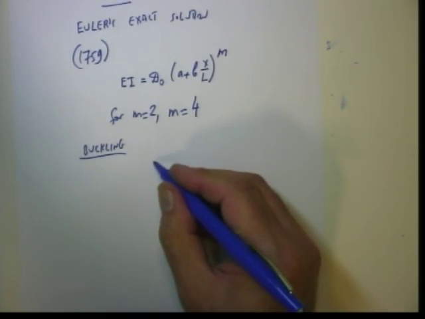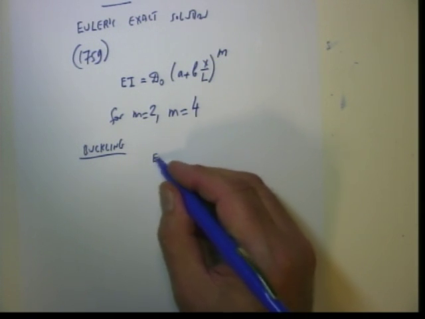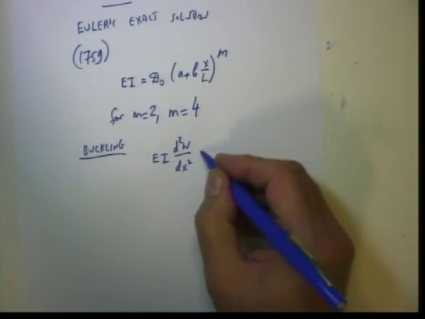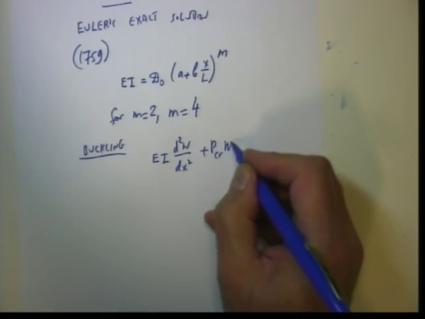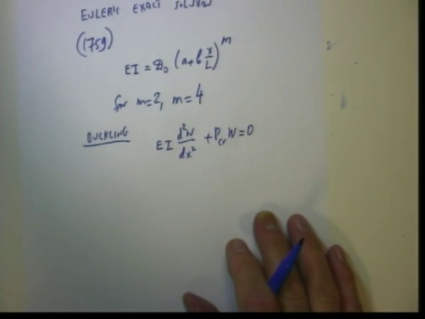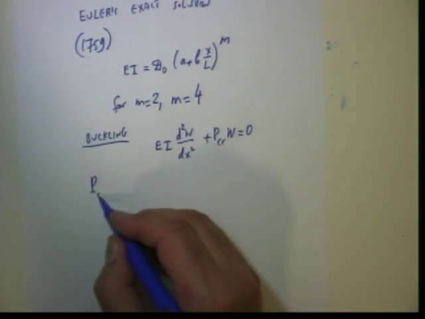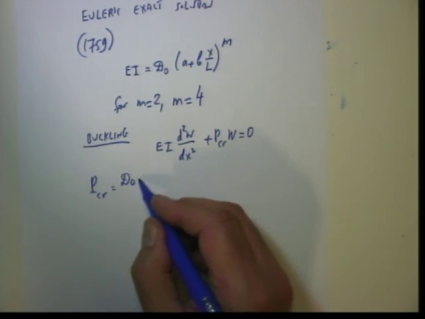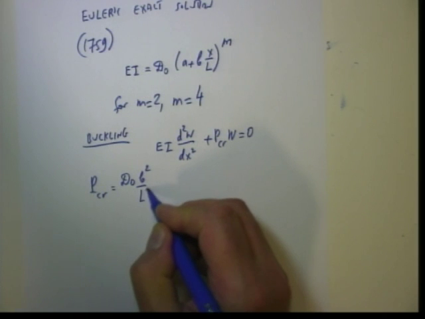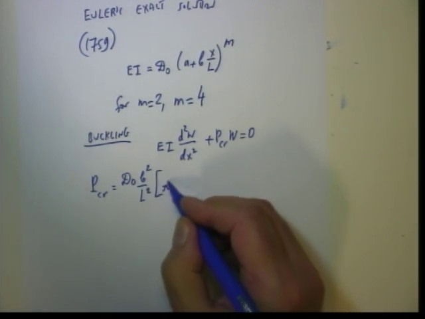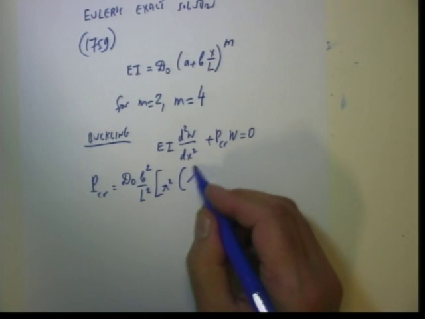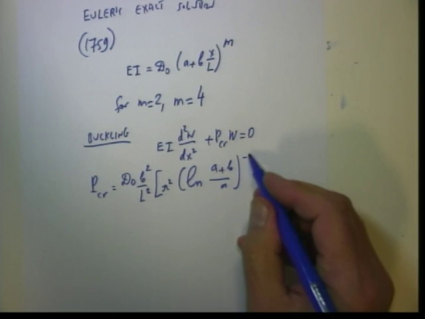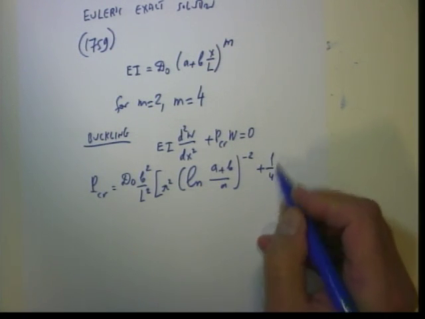So that means that what we have is as follows. EI d2w/dx2 plus P critical W equals 0. That is the equation that he used. So he said P critical equals, look please, d sub 0 b squared over L squared pi squared, natural logarithm of (a plus b over a) to the power minus 2, plus 1/4.